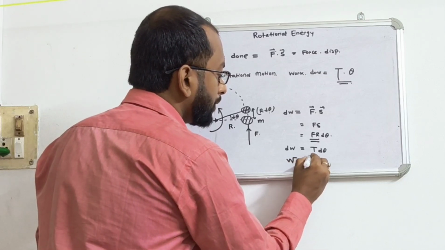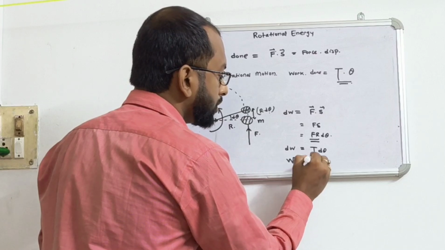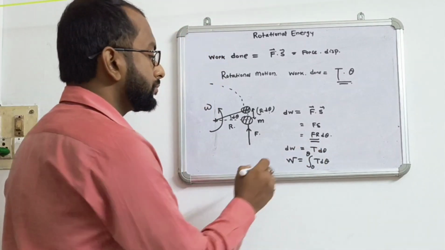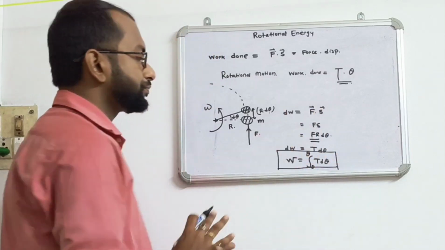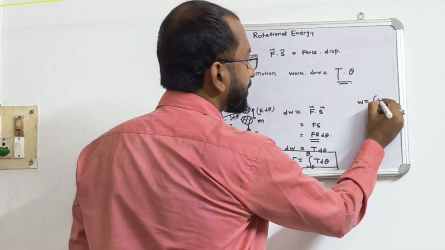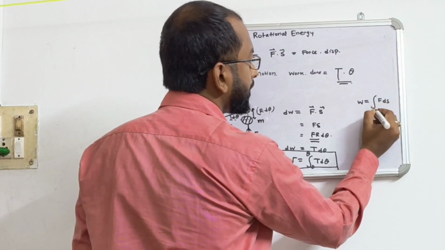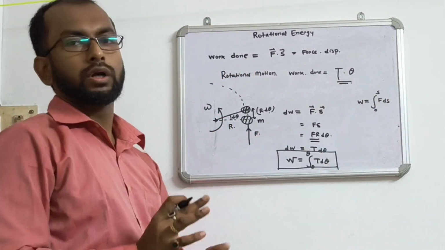Now total work will be similarly integration of T d theta from suppose 0 to theta. So this is the work done in the case of pure rotational motion. It is very similar to the translational motion case, F ds from 0 to S, that is the value of the work done.